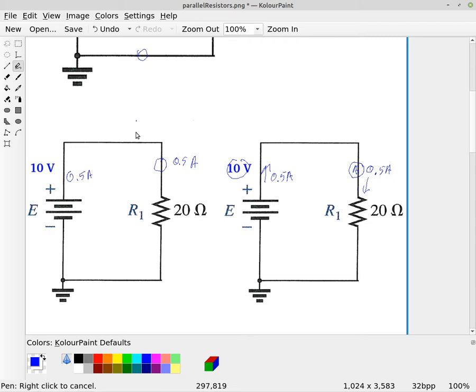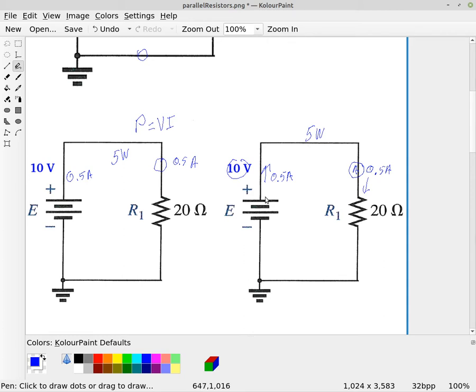And so if we think about power, power is defined as voltage times the current. So the power for this circuit here is 10 times 1/2, which is 5 watts. And the power for this circuit over here is 5 watts.